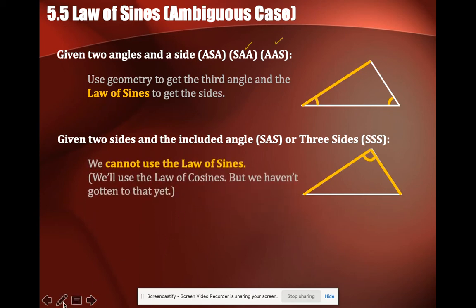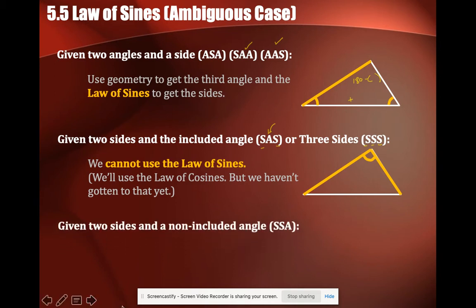We cannot use the law of sines when you have two sides and the angle in between them, or no angle measure at all. We need the law of cosines. That's next. Of course, if I give you two angles, I can always use geometry and get the third one. I add these two together, subtract from 180, and then I can get the other side using the law of sines.